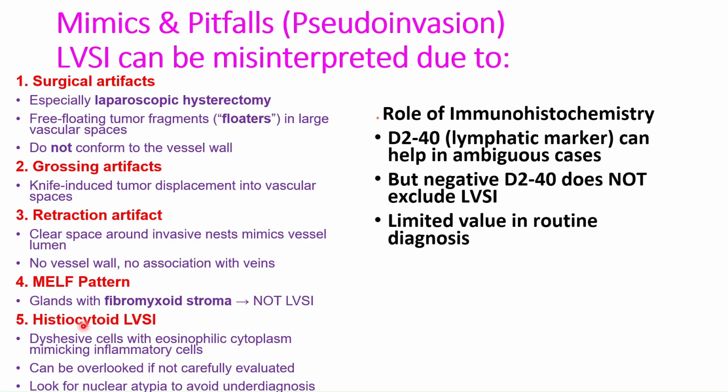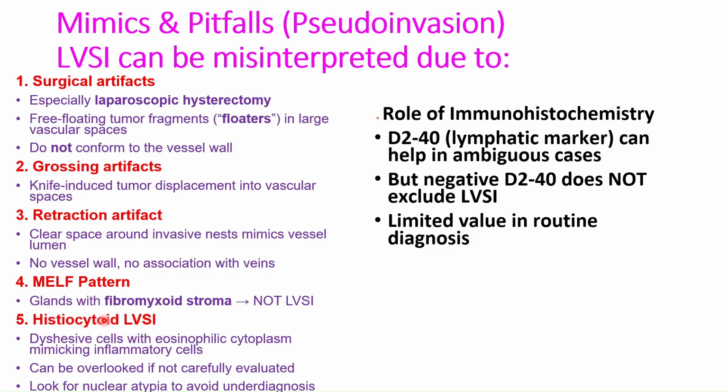And fifth is histiocytoid lymphovascular invasion, where there are discohesive cells with eosinophilic cytoplasm mimicking inflammatory cells, and that can be overlooked if not carefully evaluated, and we have to look for nuclear atypia to avoid underdiagnosis.